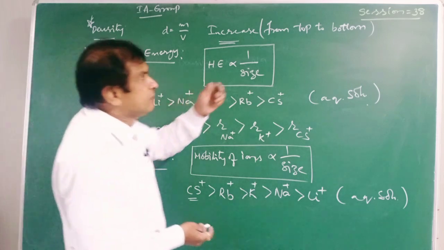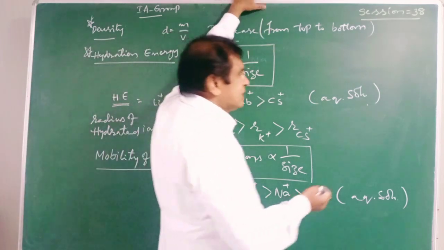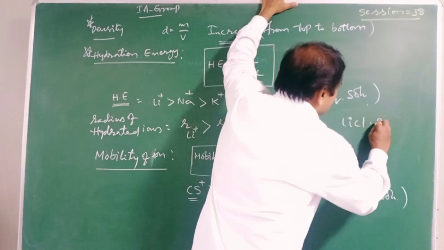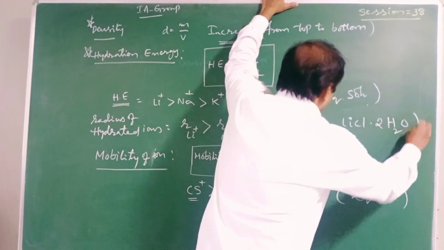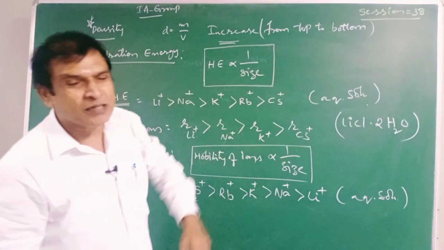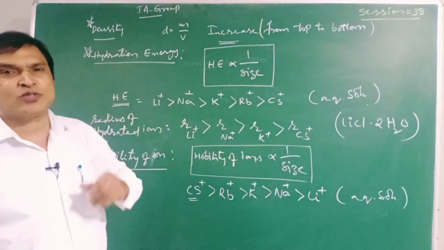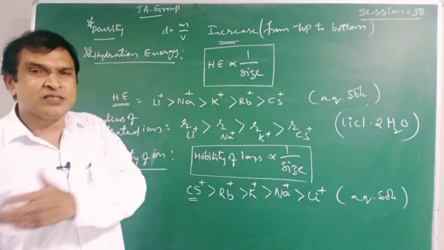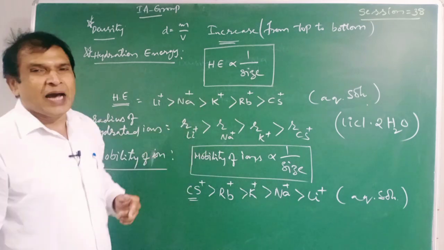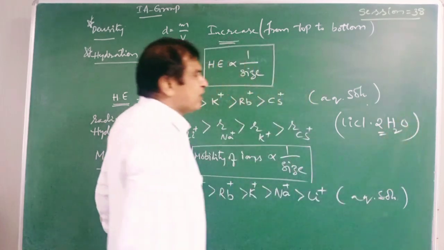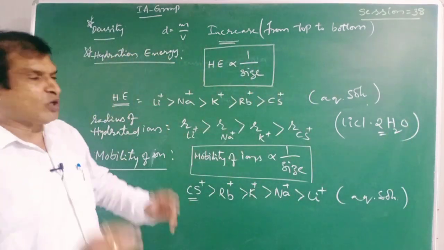Among all the alkali metals, lithium chloride can exist as a dihydrated molecule. That is another important question. Lithium chloride is hydrated with a number of water molecules, like 2, 4, 3, 6, 8. That is an important point: lithium ions are hydrated with 2 water molecules.